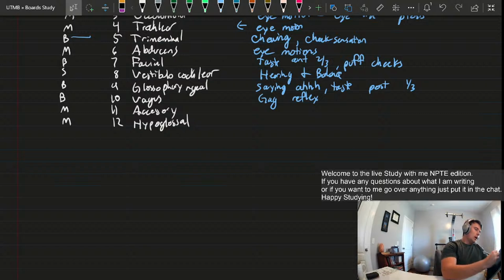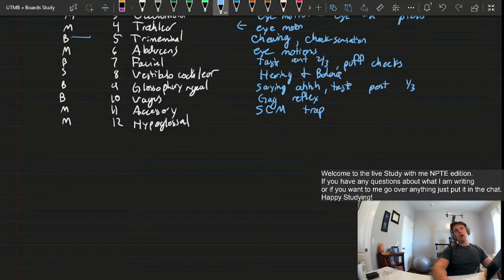So accessory nerve, this is going to be your sternocleidomastoid and your trapezius. A common question with this is torticollis. What cranial nerve is affected with torticollis? Like we talked about before, it can be cranial nerve 11, or it can be cranial nerve 4 or 6 that brings the eye laterally.